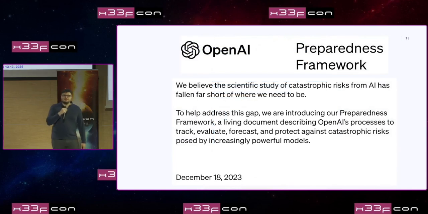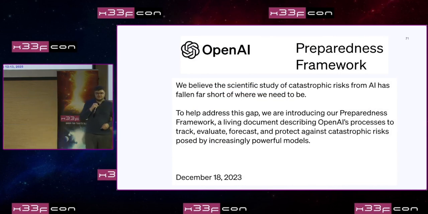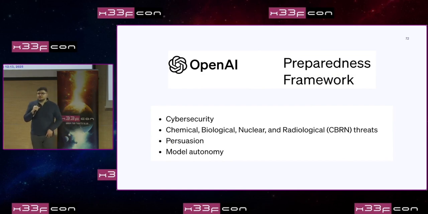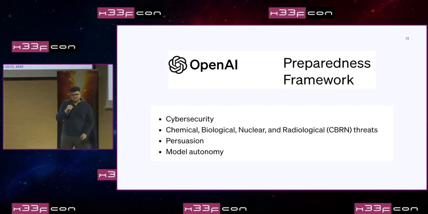OpenAI has a preparedness framework. And what it does is basically they evaluate each model on release for various things like cybersecurity, chemical, biological, nuclear, and radiological threats, persuasion and model autonomy. We talked about model autonomy a lot, but these other things also get tested.